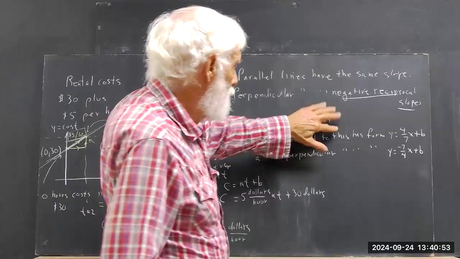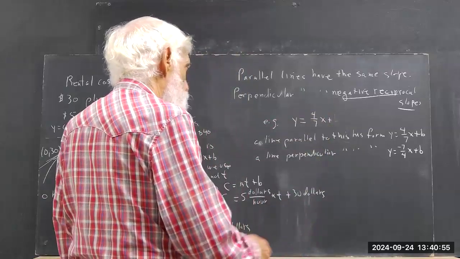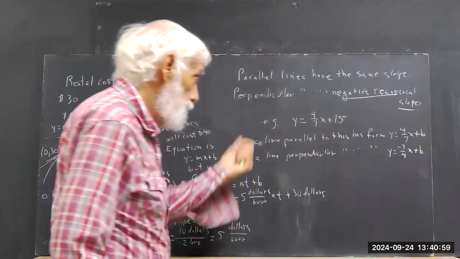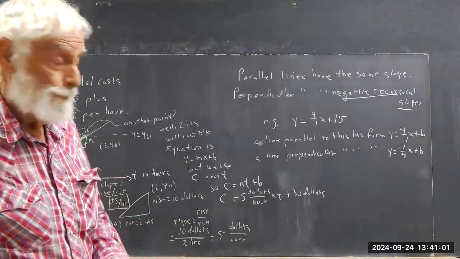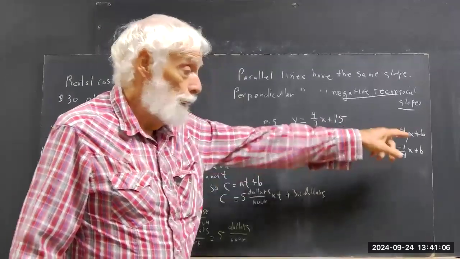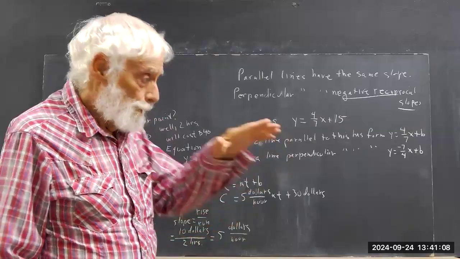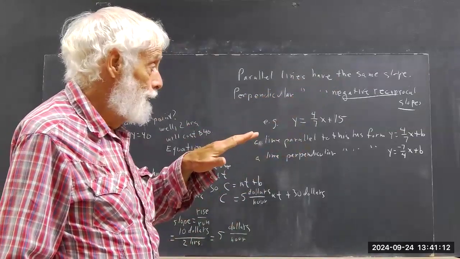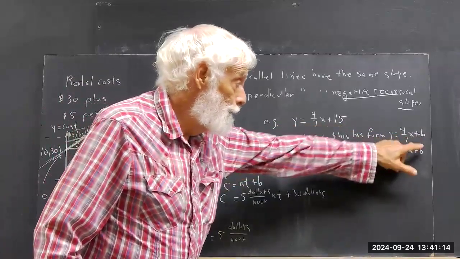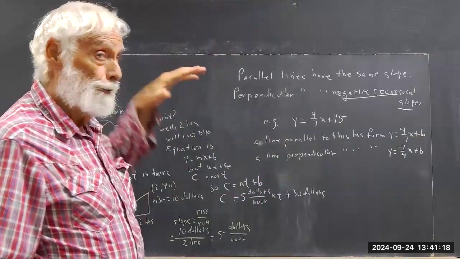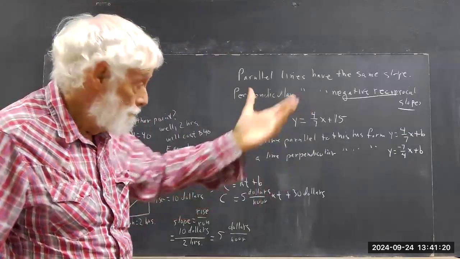And have y equals 4/7 x plus b, be specific, plus whatever, 15. Okay. 15 doesn't matter. For parallel lines, you don't know what b is. This line is here, and this line goes through a point up here. It's going to have a different y-intercept.